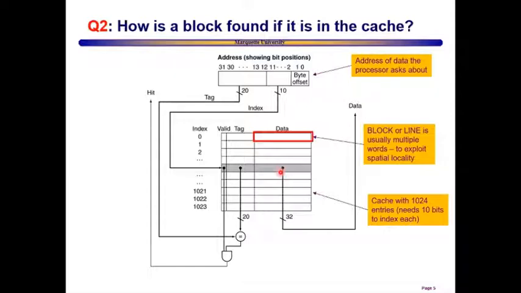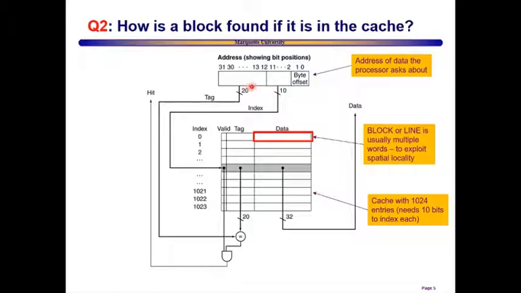However, to be able to say whether the data from this cache entry comes from that particular address, the way this direct mapped cache design is organized is that inside the cache we also store some additional information called the tag.